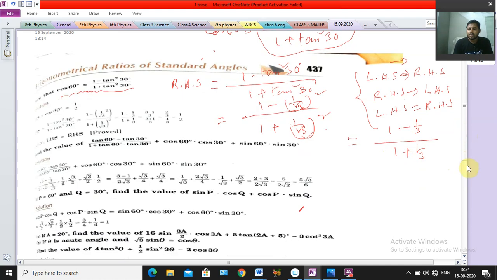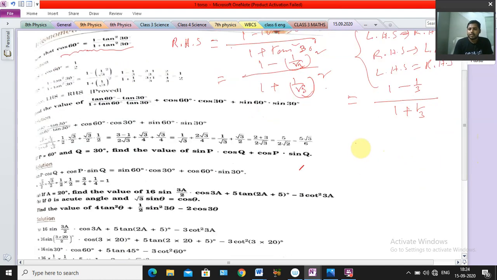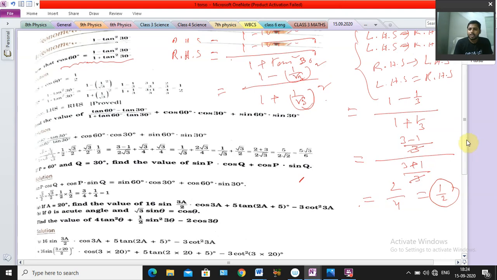Now do calculation. LCM 3, so 3 minus 1, and here LCM 3, 3 plus 1, so 3 will be cancelled. So 3 minus 1 means 2, by 4, means 1 by 2. Clear?